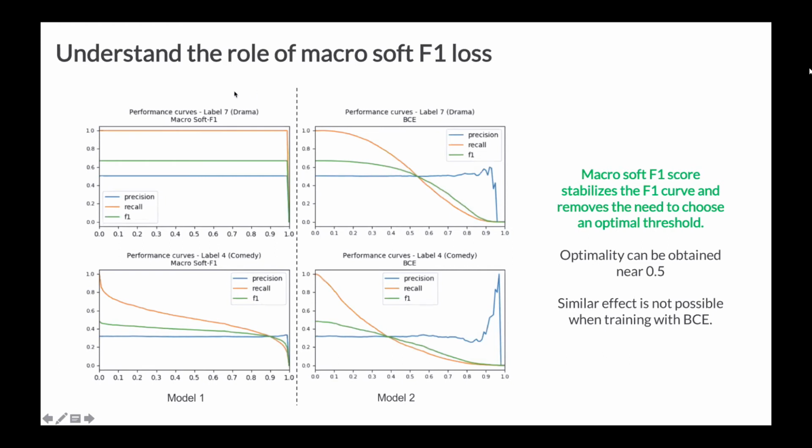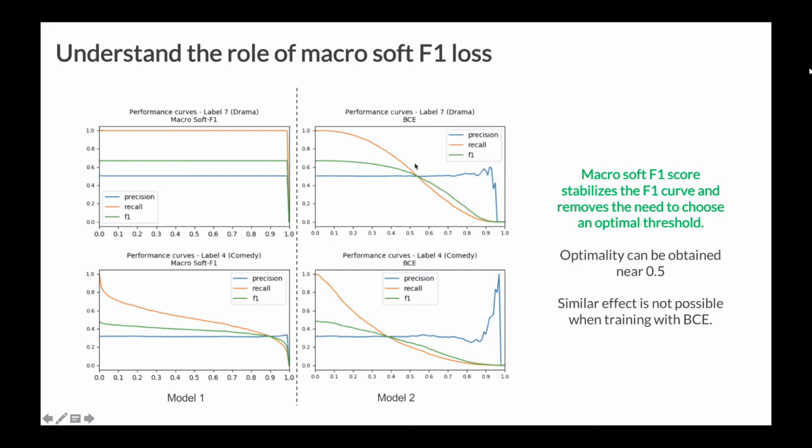As you can see here, we have a first model that was trained with the soft F1 loss, and another one with the classic approach, which is the binary cross-entropy approach. When training the model using the macro soft F1 loss, we get an F1 score that is almost independent of the threshold. You can see it's stable here. We don't have this effect when using the binary cross-entropy loss.